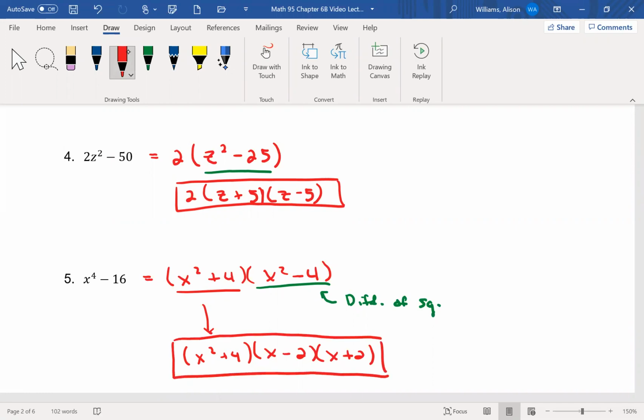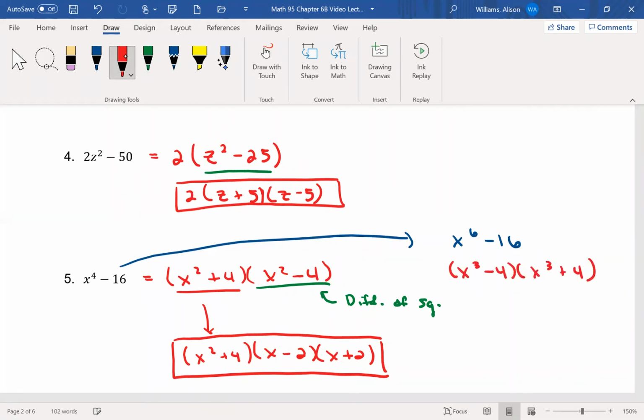And that's really as tricky as they get. If this had happened to be like an x to the 6th, I'll just write it over here. If this happened to be x to the 6th minus 16, then that would have factored into x cubed minus 4, x cubed plus 4, and that wouldn't factor again.